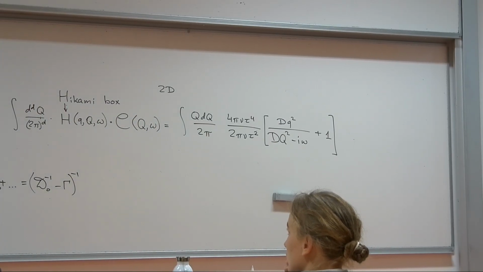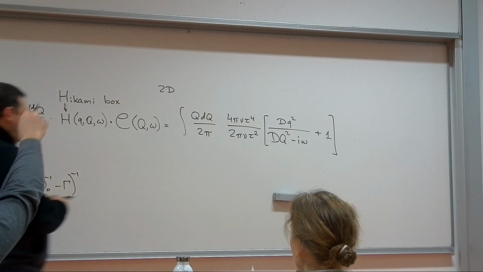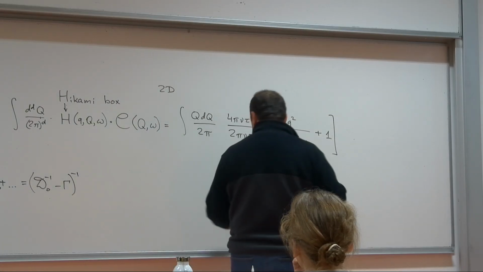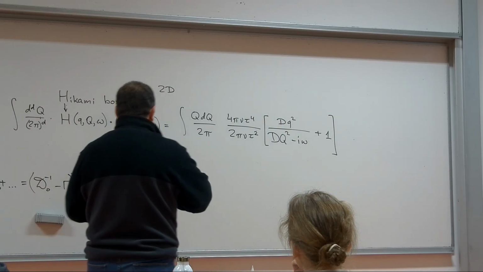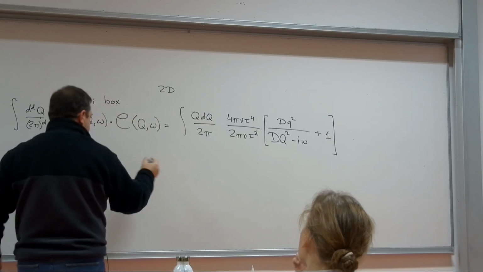We need to include all possible lines, parallel lines. Actually, this is a good point. So, what is our gamma? What is this object that we are calculating?